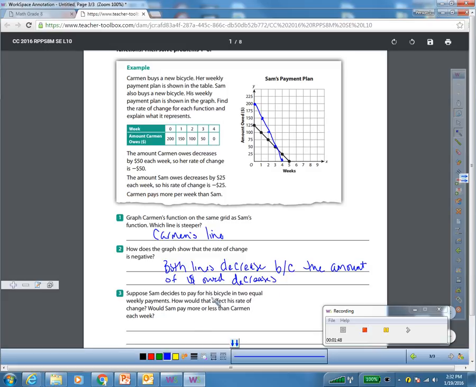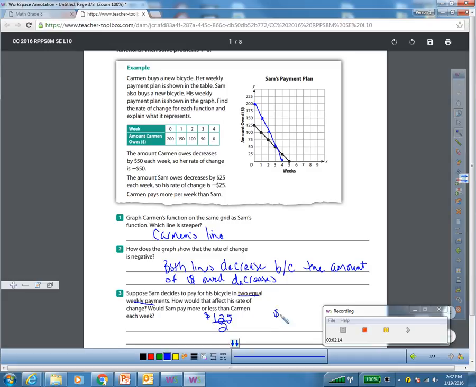Suppose Sam decides to pay for his bicycle in 2 equal weekly payments. So basically, right now Sam is doing 5 payments. So instead of doing 5 payments of $25, we're going to pay off that bicycle, which was $125, in 2 payments.